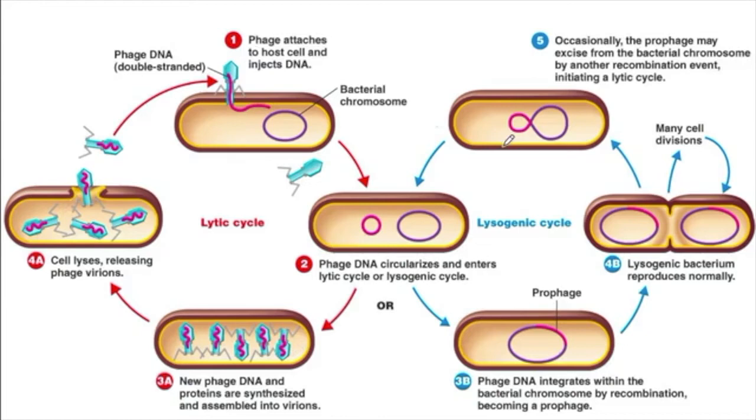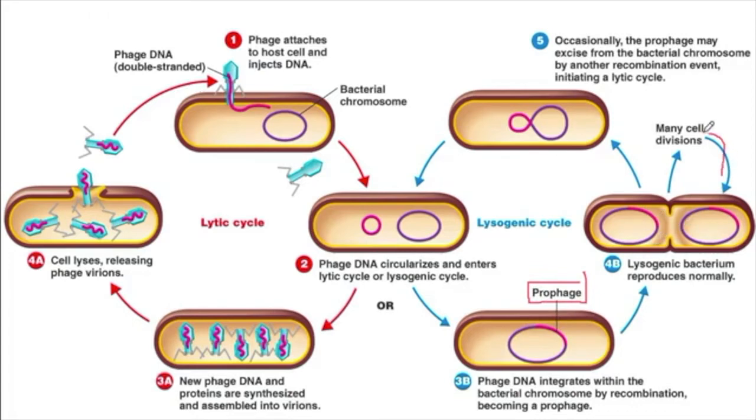And then you have the lysogenic cycle, which is a bit different. What happens with the lysogenic is that the virus DNA, once it's injected into the cell, will incorporate itself into the chromosome of the bacteria, resulting in what we call the prophage. And once you have the prophage, since it's part of the chromosome of the bacteria, when the bacteria divides, it will divide with it. So then more copies will be made.